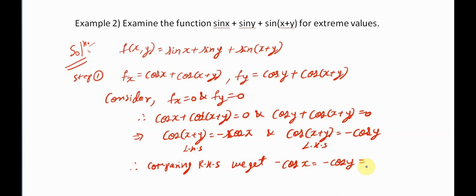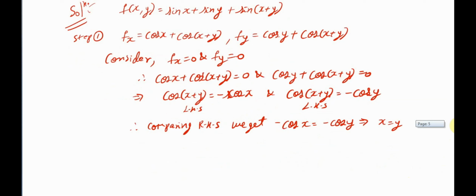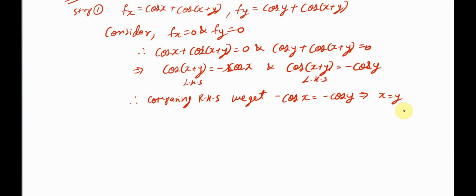This is possible when the angles are the same, that is x is equal to y. So I will put y is equal to x in the equation cos x plus cos(x plus y) is equal to 0.